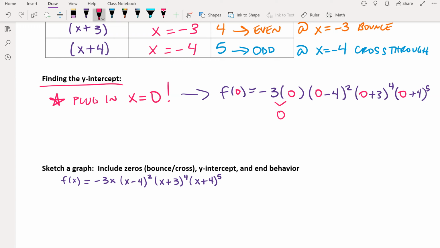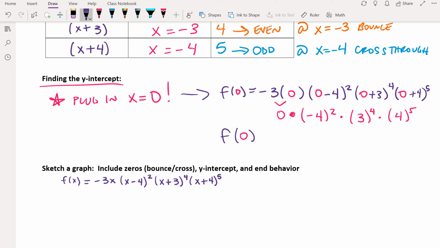And then we have times 0 minus 4, that's -4 squared, times 0 plus 3, that's 3 to the 4th, times 0 plus 4, that's just 4 to the 5th. But really quick, y'all, look, there's a 0 out in front, multiplying. A 0 multiplying out in front, what's this whole thing going to equal? 0.